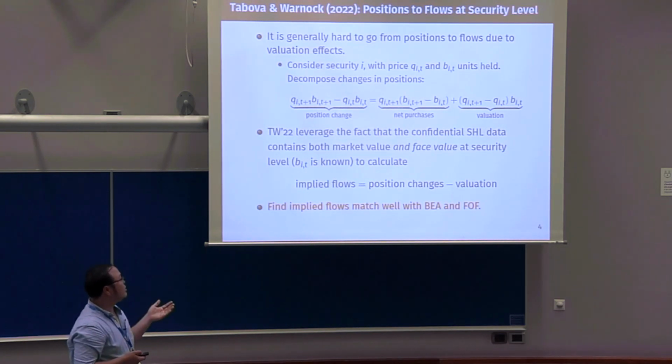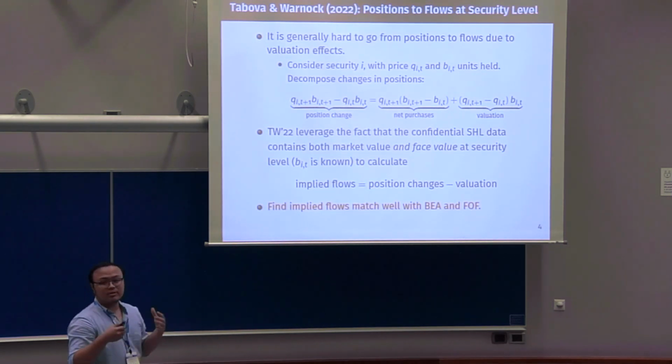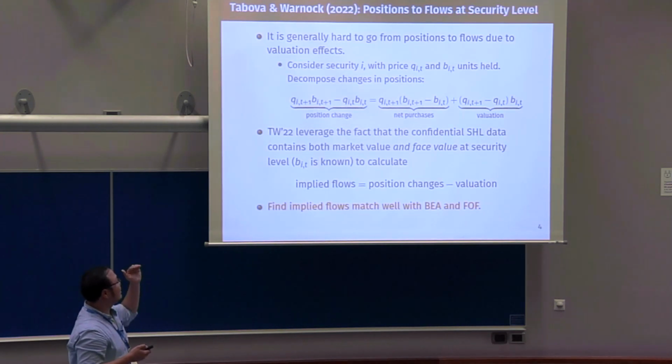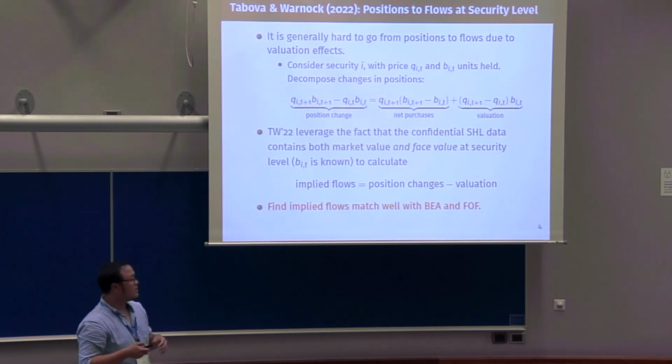And the authors are able to delineate these two things because they not only know the market value but also the face value at the security level. So in that formula, it means they know the P. Okay, so they can fully calculate net purchases and valuation, and this net purchase would be their implied flows.